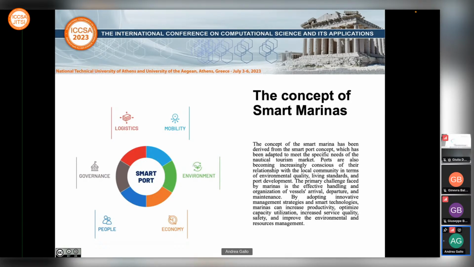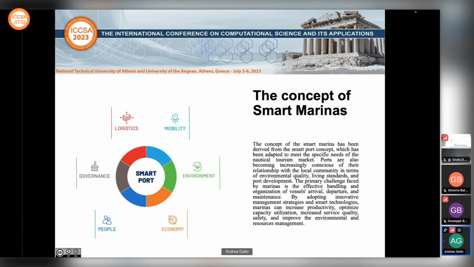And in particular, when we talk about smart marinas, we lose a little bit the part related to logistics, because, as we know, we don't handle different freights, but we have to concentrate on the analysis of the handling of people and boats on the piers of these marinas, and everything that concerns the environmental aspects and the sustainability of marinas.